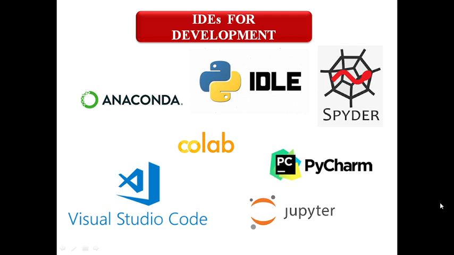And some of the IDEs which we are using nowadays are more specifically designed for Python programming, and are very helpful for the development environment: Anaconda, IDLE, Spyder, Colab, Visual Studio Code, PyCharm, Jupyter. In some cases the IDEs are more popular because of their user-friendly interface.